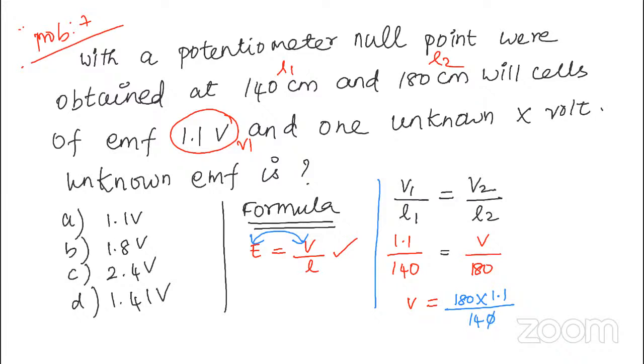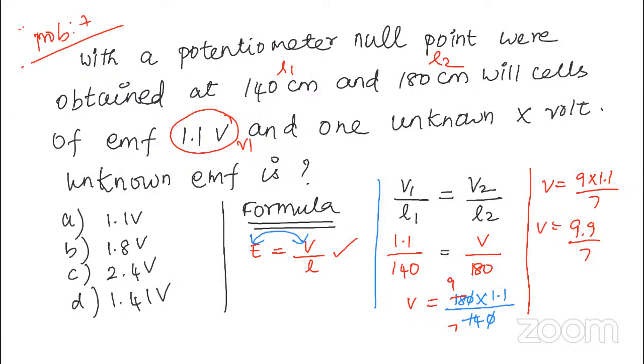Okay, so here the 0 and 0 should be cancelled. And this is 7 times and this is 9 times for the two tables. V is equal to 9 into 1.1 divided by 7. So it is approximately 9.9 divided by 7.